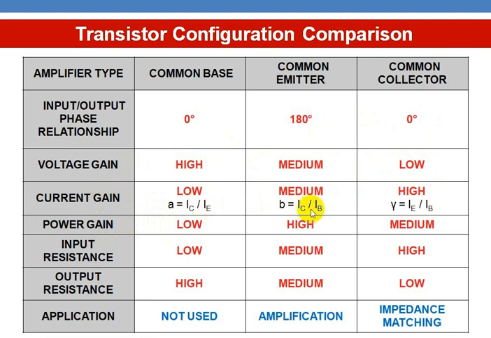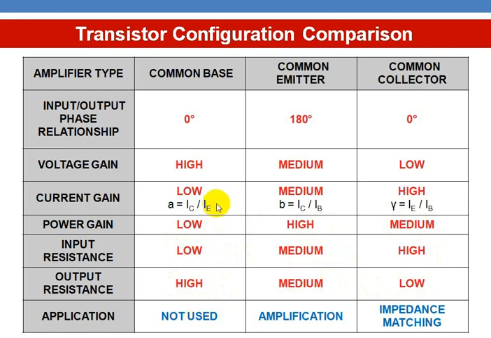Similarly, for common emitter the power gain is high, and for common collector it is medium. Input resistance: common base it is low, common emitter is medium, and common collector is high. Output resistance for common base is high, common emitter is medium, and common collector is low.